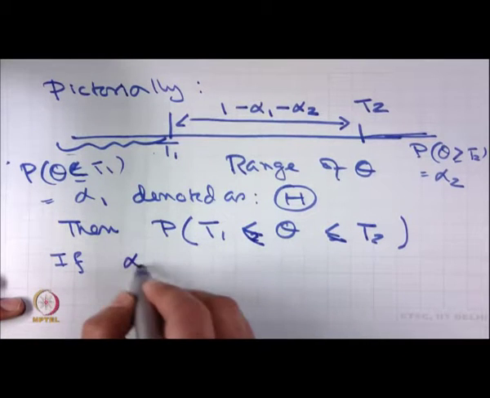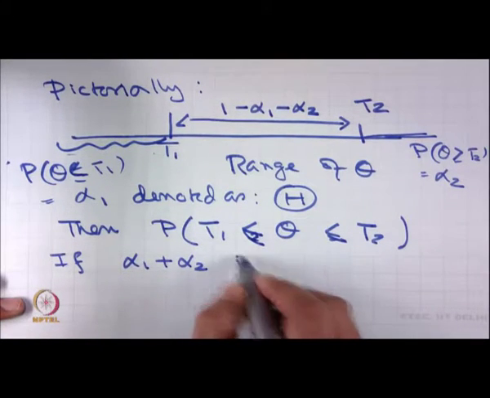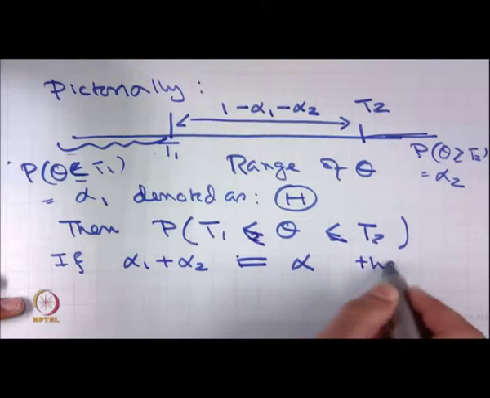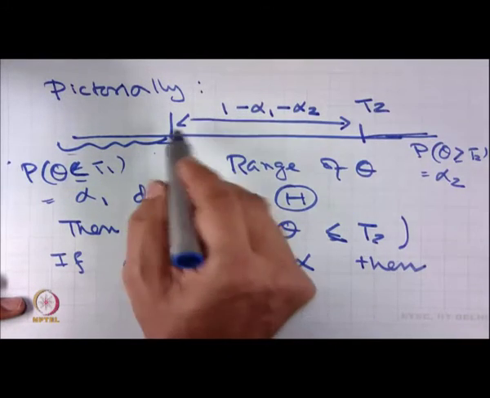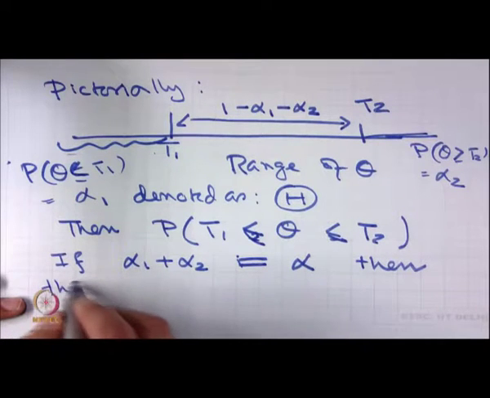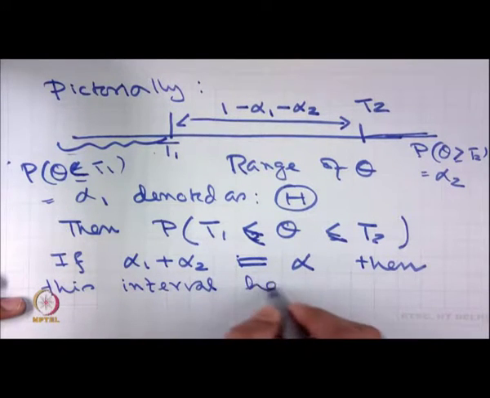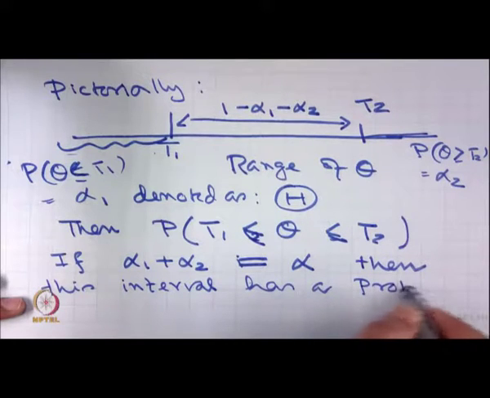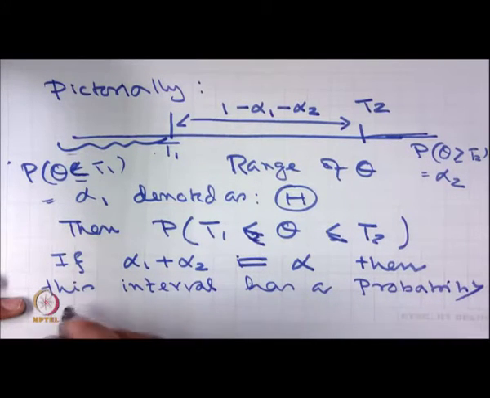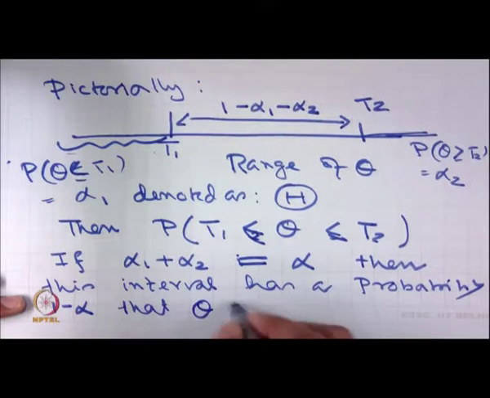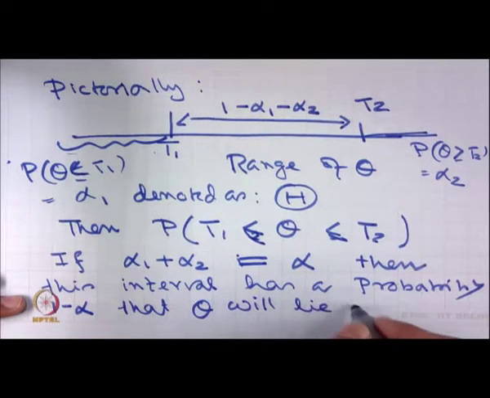If alpha 1 plus alpha 2 is equal to alpha, then this interval has a probability 1 minus alpha that theta will lie in this interval.